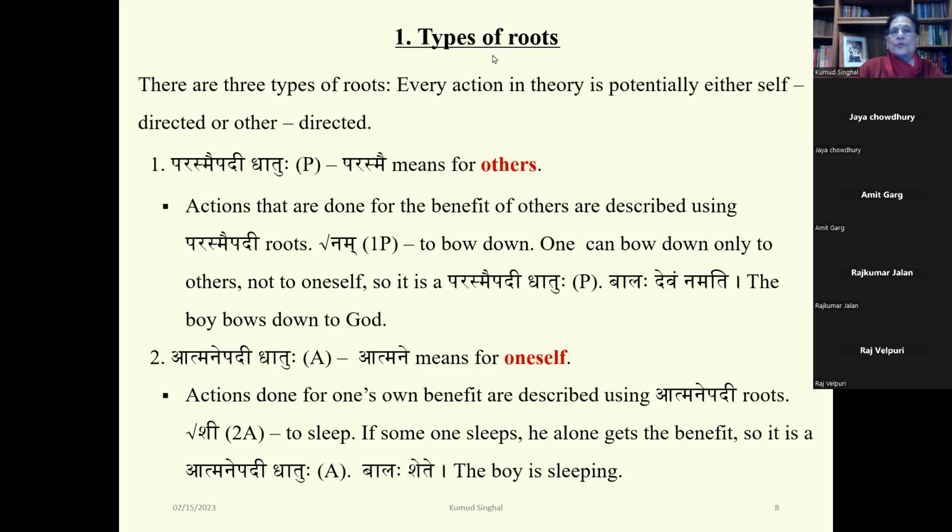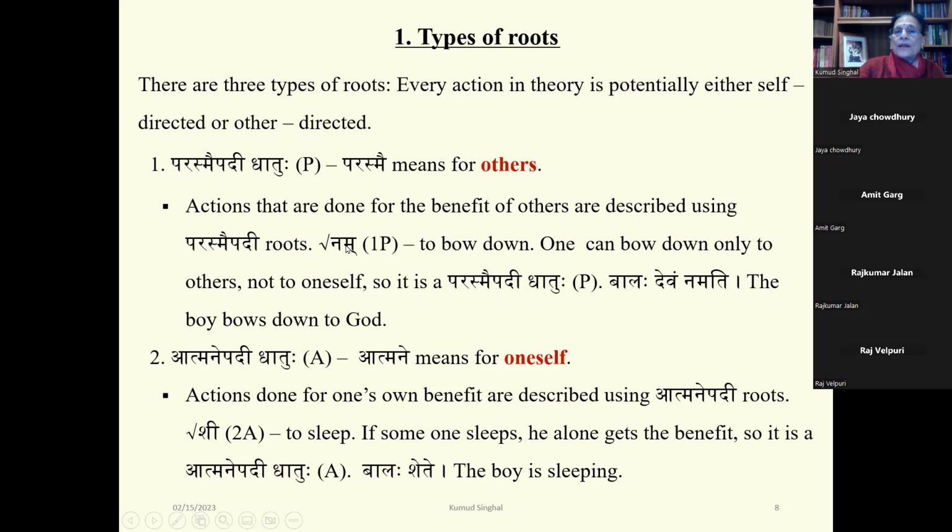So type of roots. There are 3 types of roots. Every action in theory is potentially either self-directed or other-directed. So the first type is parasmaipadi dhatu, and in dictionaries it is often denoted by the uppercase letter P. Parasmai means for others. So actions that are done for the benefit of others are described using parasmaipadi roots.